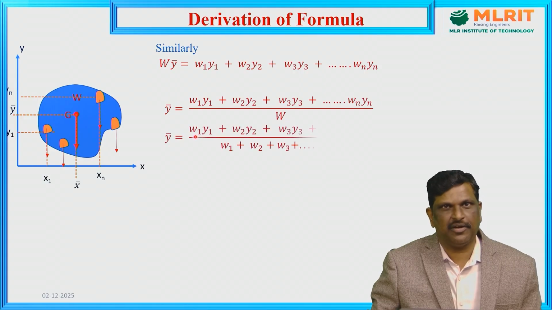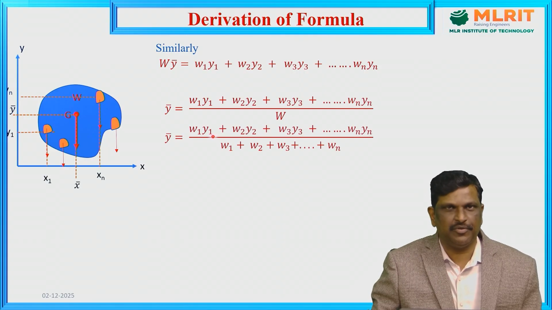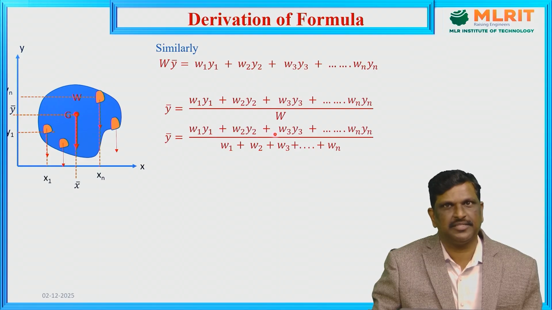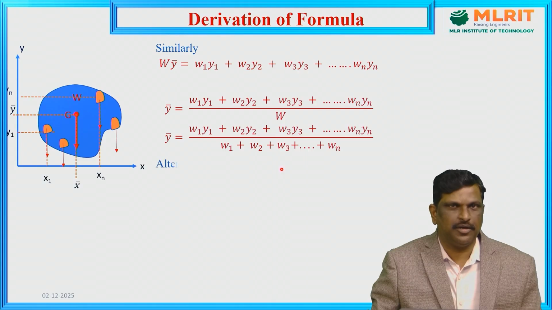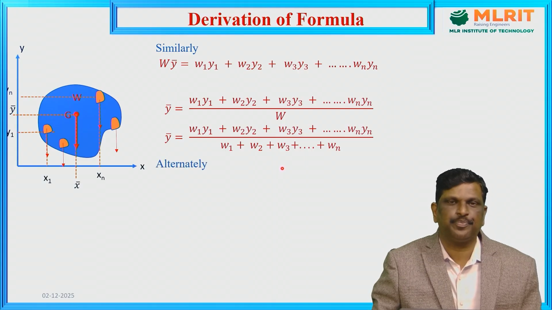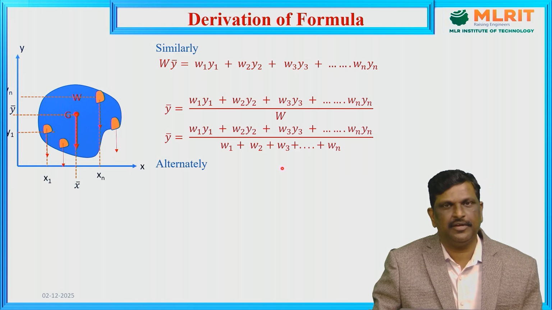So the y bar final equation is W1 y1 plus W2 y2 plus W3 y3 and so on Wn yn divided by the sum of individual weights or total weight. Now these are the formulas for finding the center of gravity of a given body.